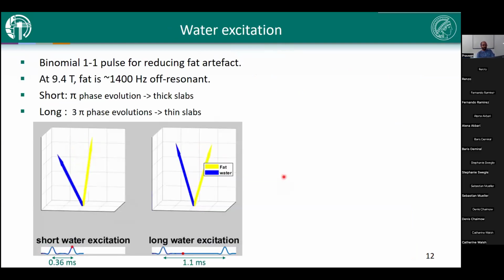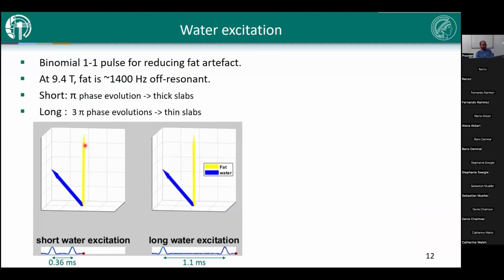So the binomial pulse more or less works like that in the ideal case, where you apply a pulse, wait for the fat to dephase by pi phase evolution, and then apply the next half pulse, and then you bring the fat back to your longitudinal magnetization, and you excite your water alone.